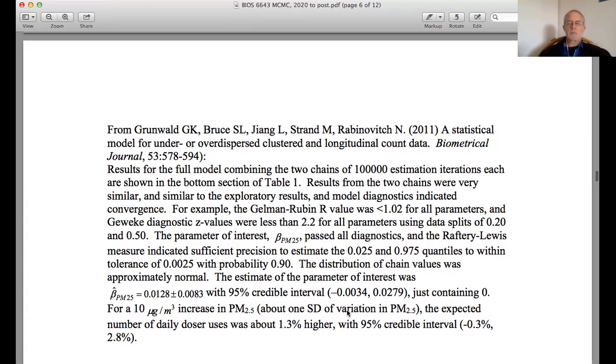All of these numbers were calculated from the 100,000 values up here. I calculated the mean of those, and that was the 1.0128. I calculated the standard deviation of those, that was the 0.0083. I calculated the 2.5 and 97.5 percentiles of these 100,000, and that was the interval. So once you've got the sample, it's all very easy.